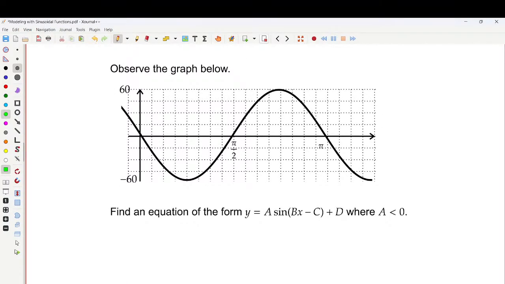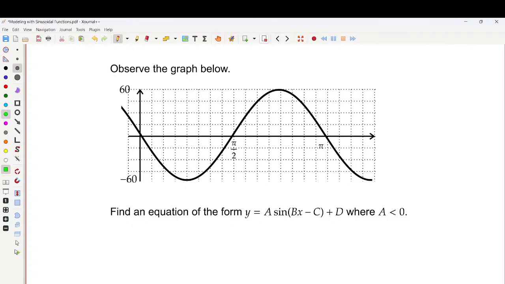All right, moving onwards. Observe this graph below. And we're going to write an equation. Actually, we're going to write 3 equations for the same darn graph. So we'll start with what's asked first.